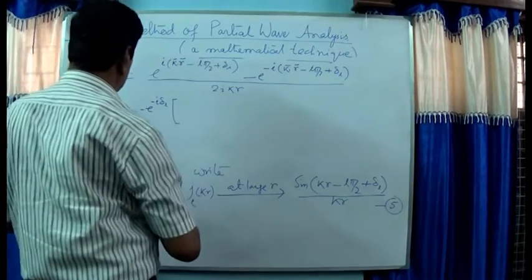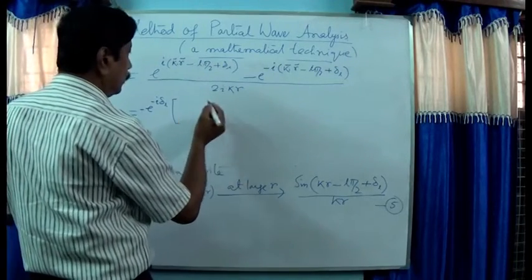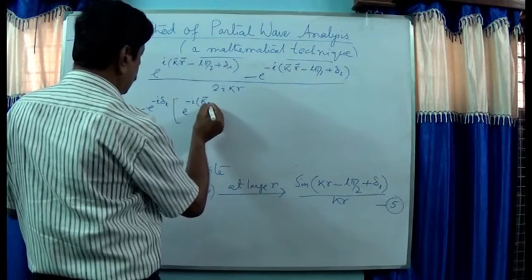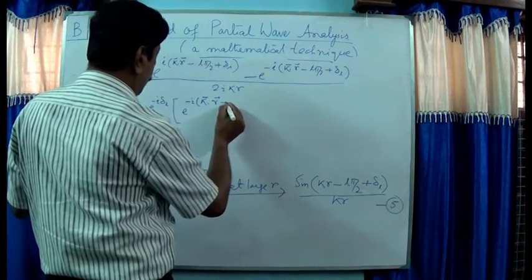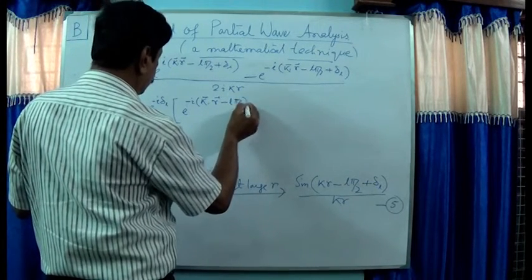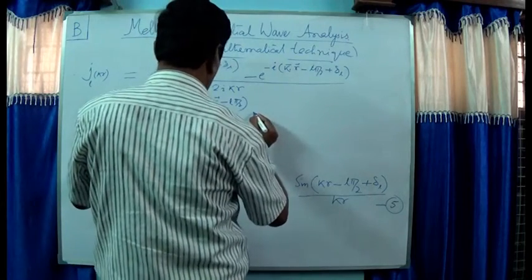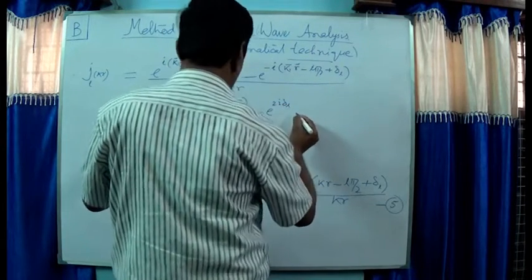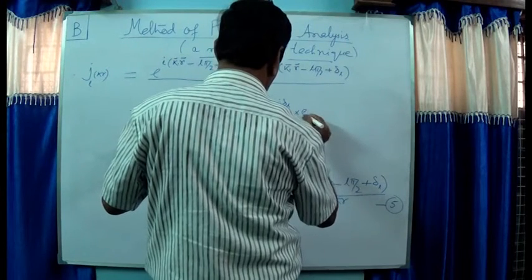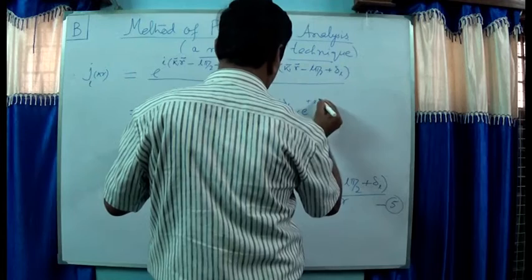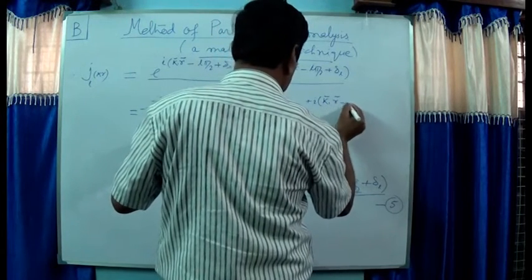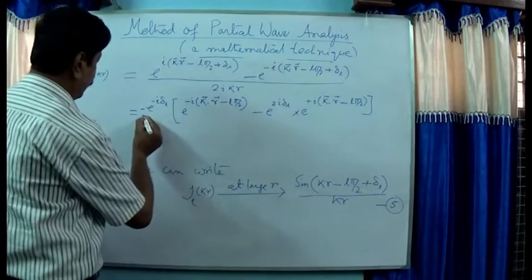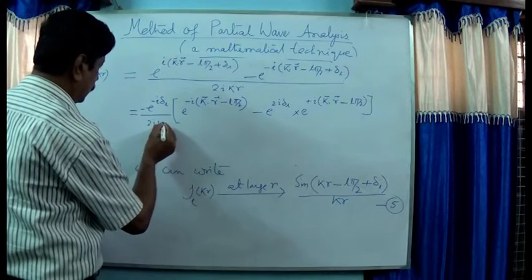If we take it common, then it will be e to the power minus i(k·r minus Lπ/2) minus e to the power 2iδL into e to the power plus i(k·r minus Lπ/2), whole divided by 2i kr.